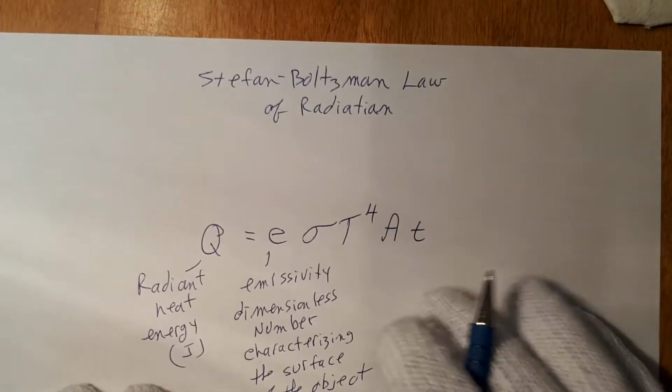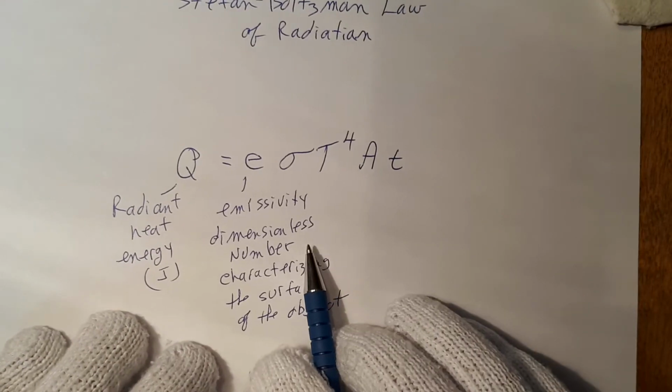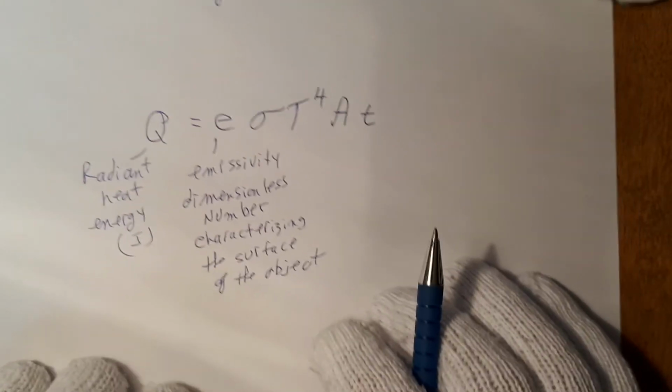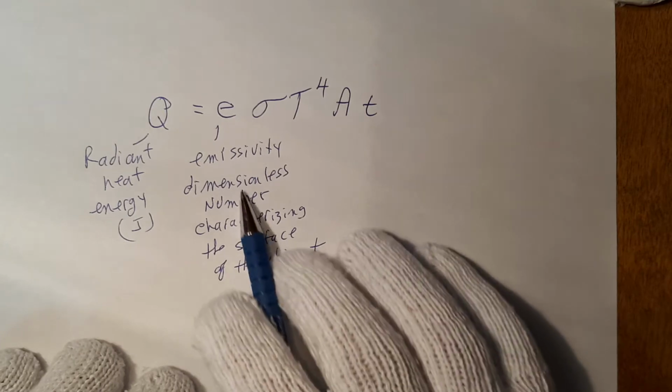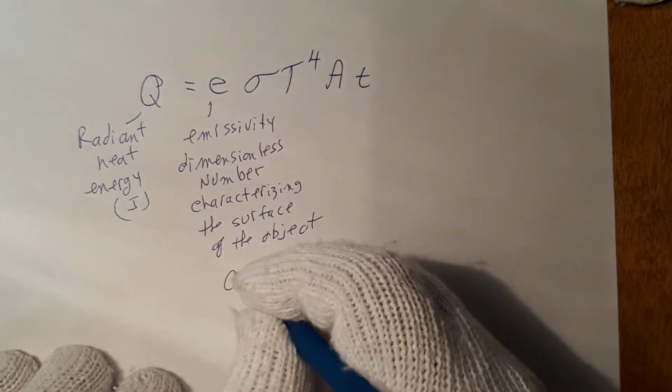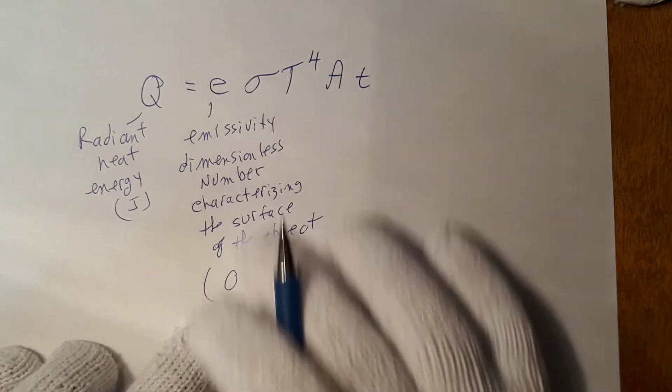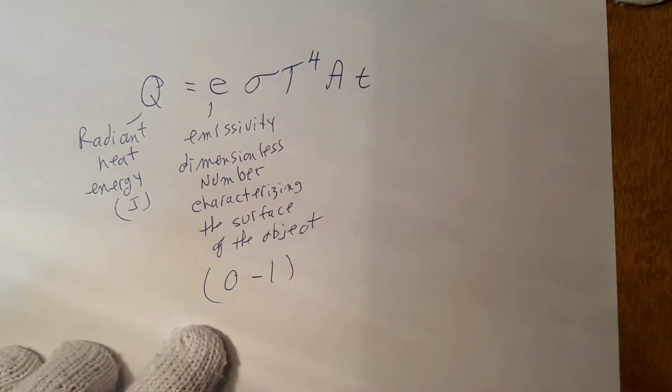It indicates whether an item will absorb heat quickly or reflect heat, or electromagnetic waves, shall I say. And E has a value between 0 and 1. Dimensionless number. You can find different materials will have different emissivities.